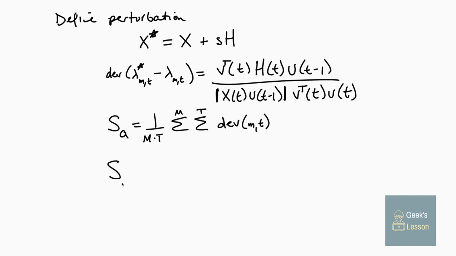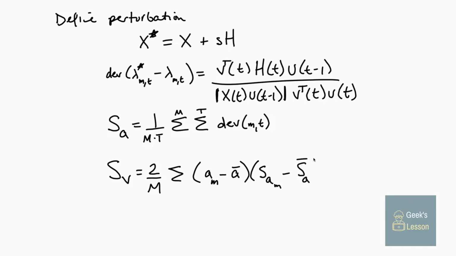And the sensitivity of the variance ends up being 2 over the number of simulations, and it's a product of the difference between the stochastic growth rate from a single simulation and the overall stochastic growth rate, times the sensitivity of the stochastic growth rate based on a single simulation minus the sensitivity of the stochastic growth rate based on all of the simulations.